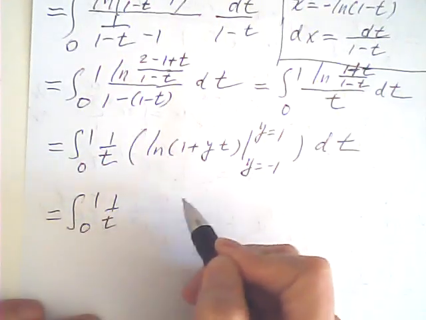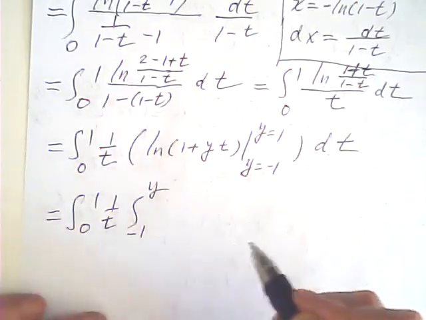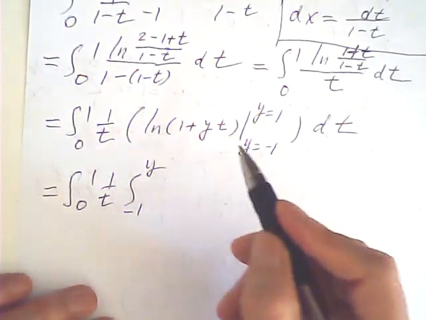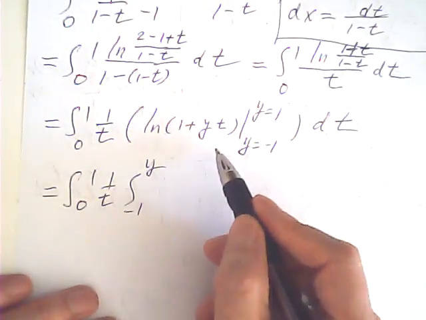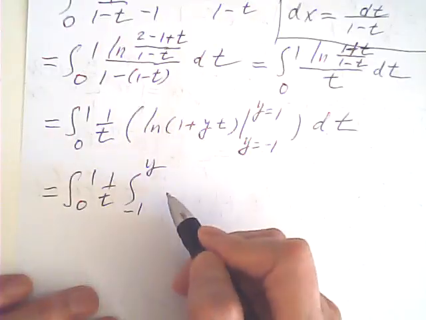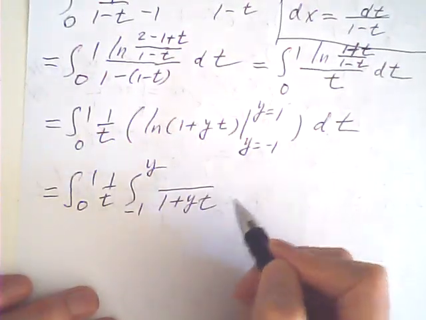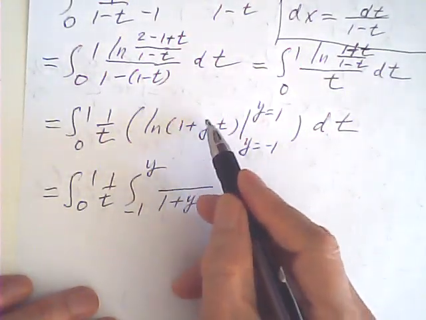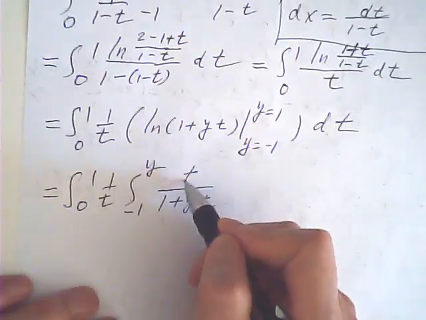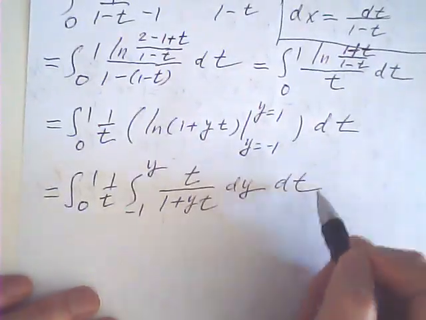This 1 over t, this is a definite integral with respect to y. The integrand function is the derivative of this one with respect to y. So this is 1 plus yt times the derivative of this one with respect to y times t dy and dt.